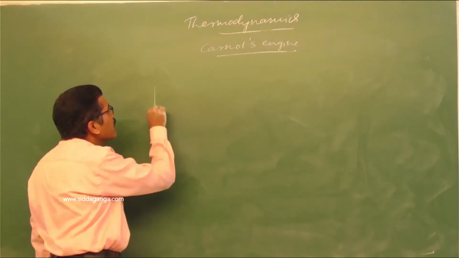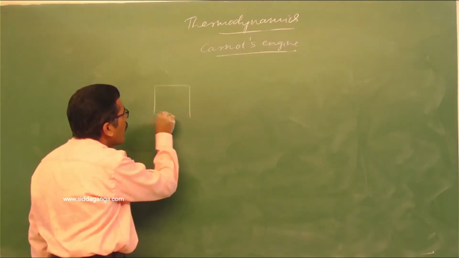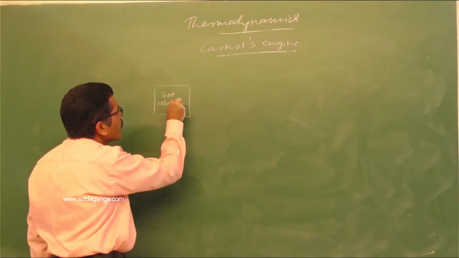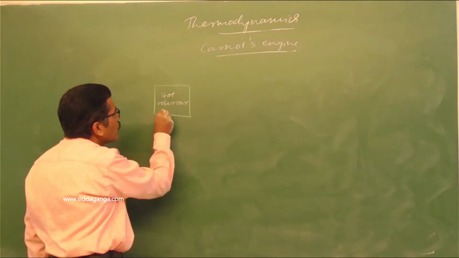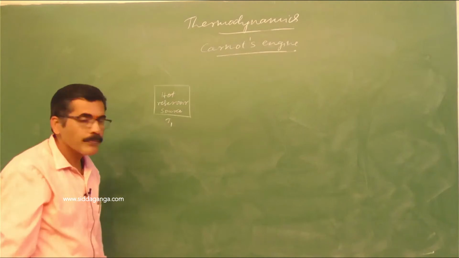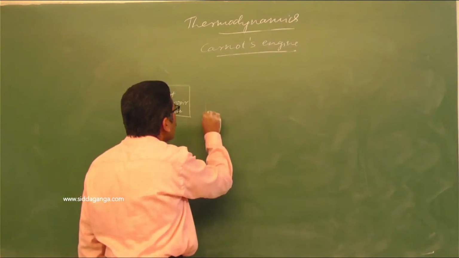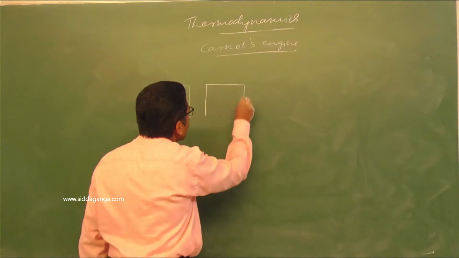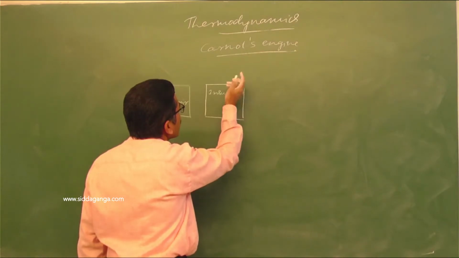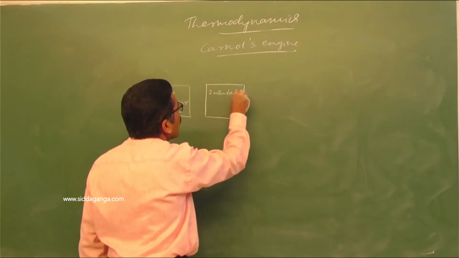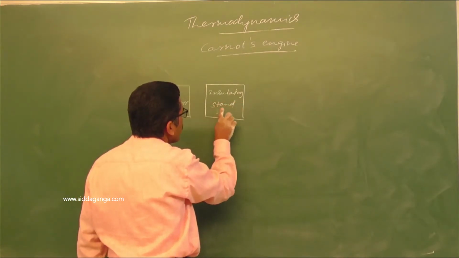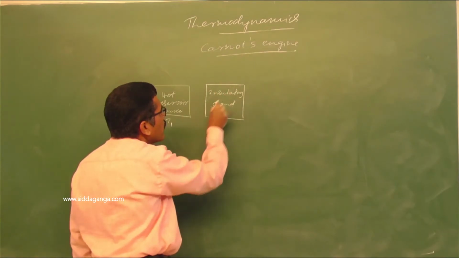See, Carnot's engine consists of a hot reservoir, also called the source, which is at constant high temperature T1, and we have an insulating stand, which is a perfect insulator.